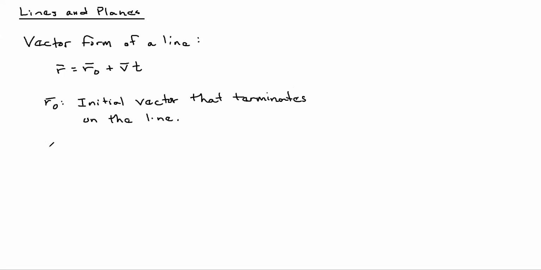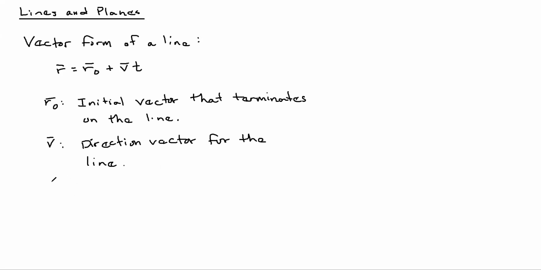And then we're going to have vector v. This is called the direction, defined as the direction vector, and it gives the direction of the line.